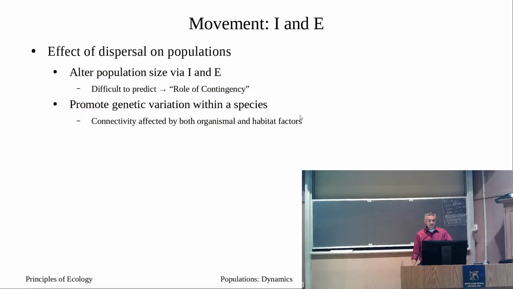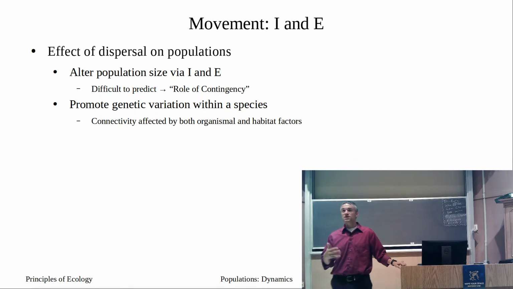All right. Now, we didn't talk about the habitat factors that affect it. We will in a few lectures. But briefly, the habitat factors are things like what we call corridors. Can the organism get to the area because it has habitat through which it can travel?